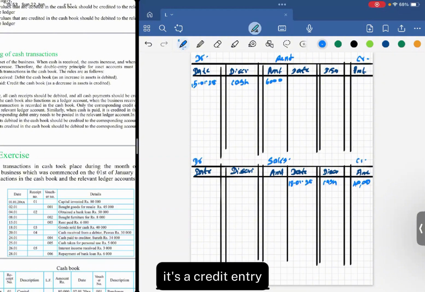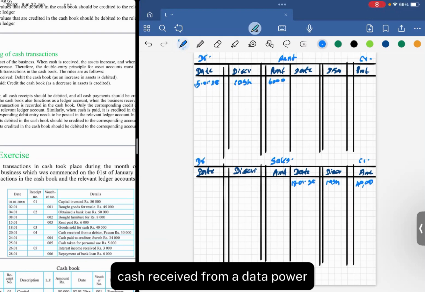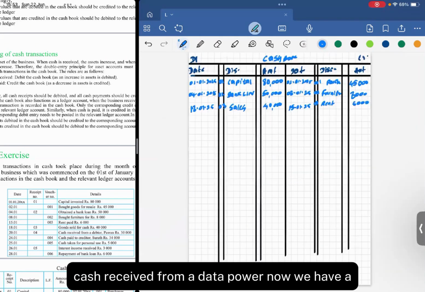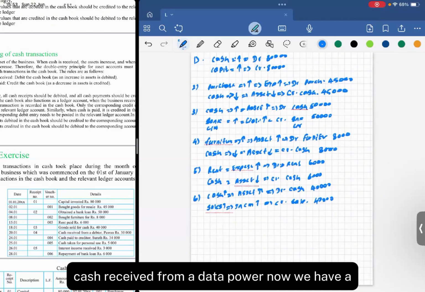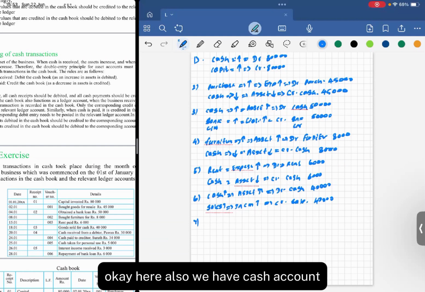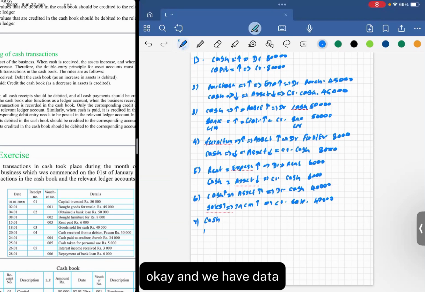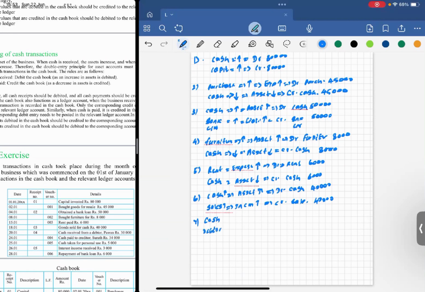It's a credit entry. Then there is another transaction, cash received from a debtor, Pawan. Here also we have the cash account, and we have the debtor, Pawan.